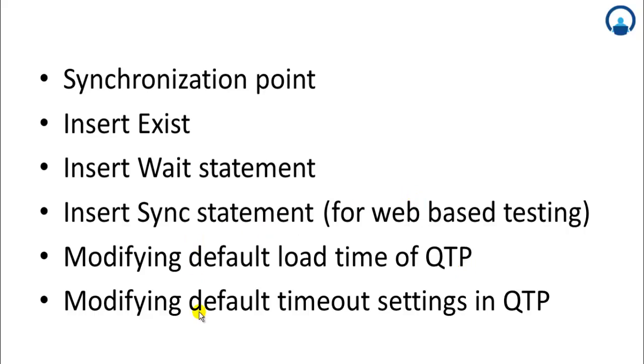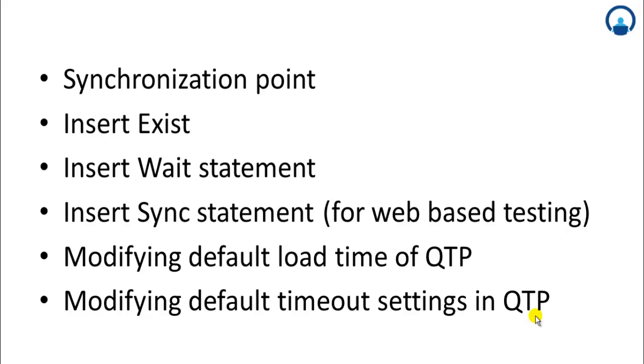And the next is modifying default timeout settings in QTP. Now to modify the maximum amount of time QTP waits for an object to appear, we have to change the object synchronization timeout, and the option is available in File Settings Run tab. You can change the default object synchronization timeout.